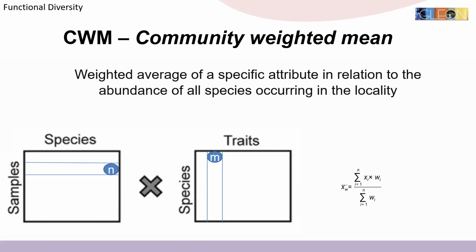So let's imagine we are analyzing our first sample, and we are going to see how the body size is in that sample. We have the measurements, and the CWM takes the body size and does a weighted average of that body size inside my sample, based on the abundance of species that I have there.